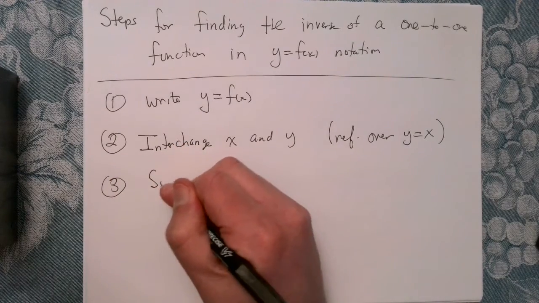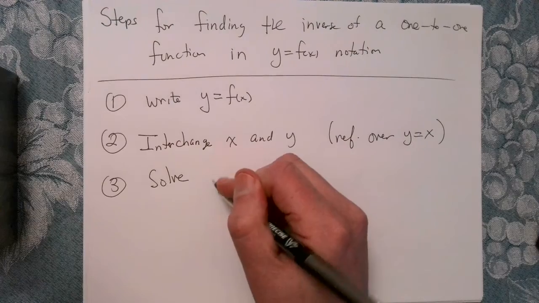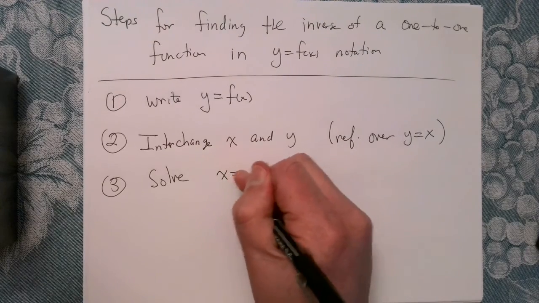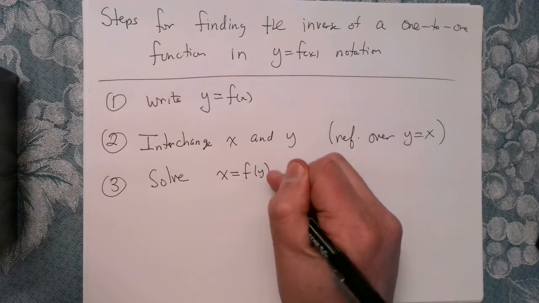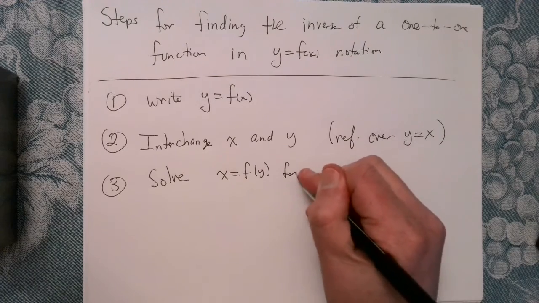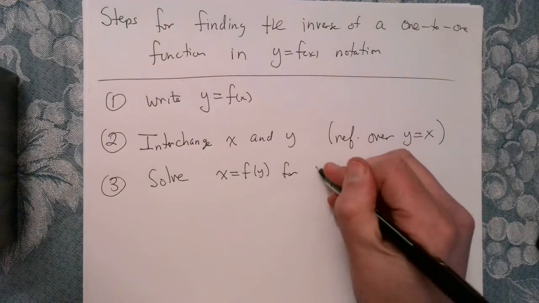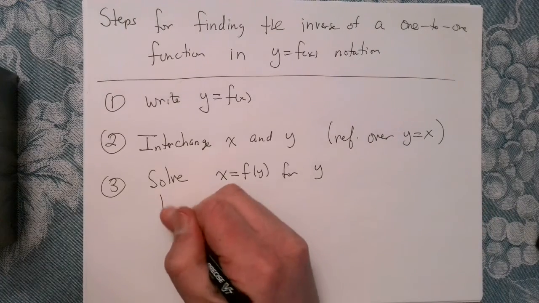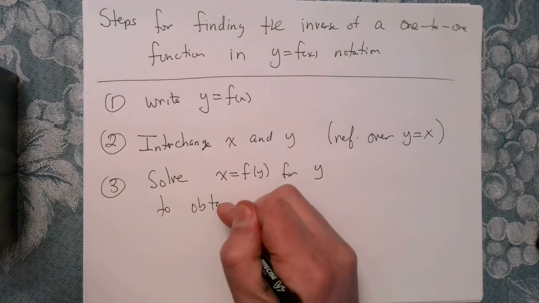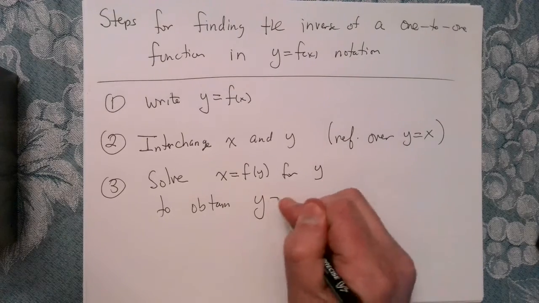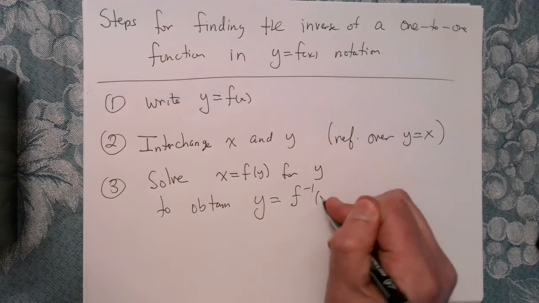So next we want to solve. Now you're going to have x equals f of y after you interchange, and you want to solve that for y to obtain y equals f inverse of x.